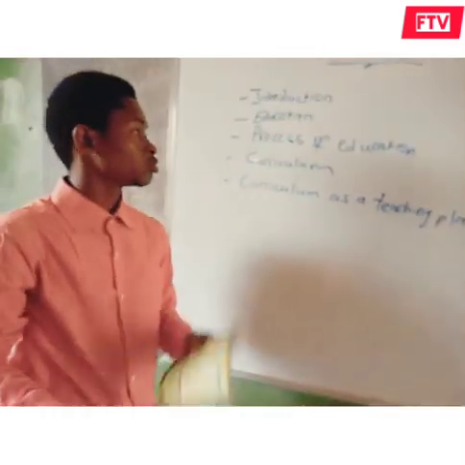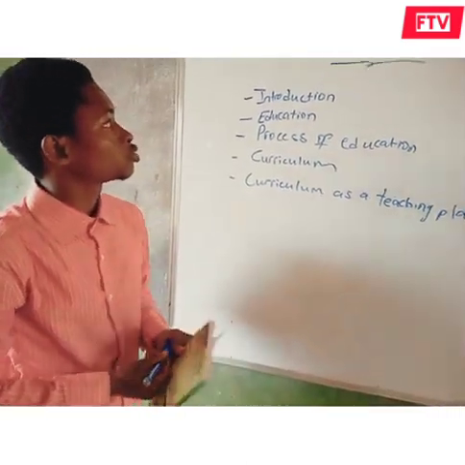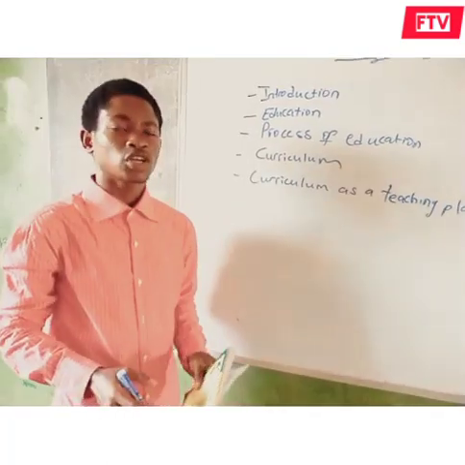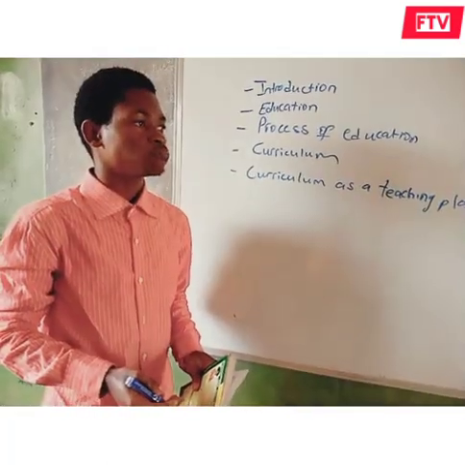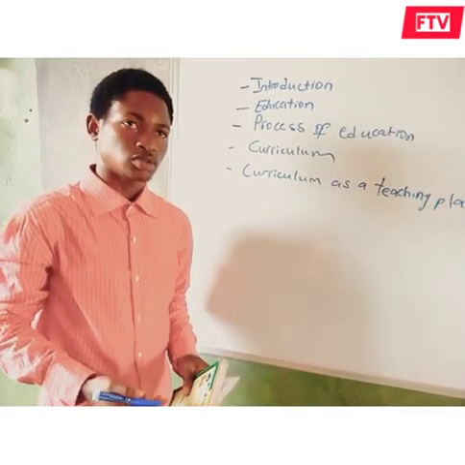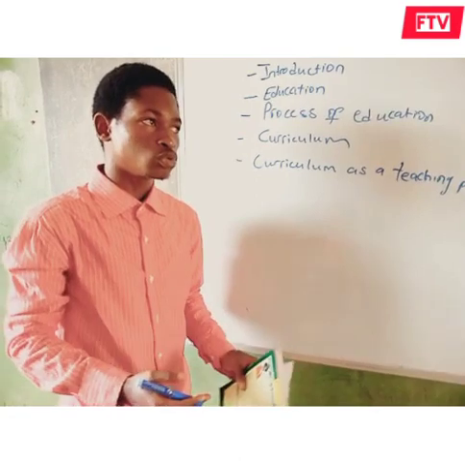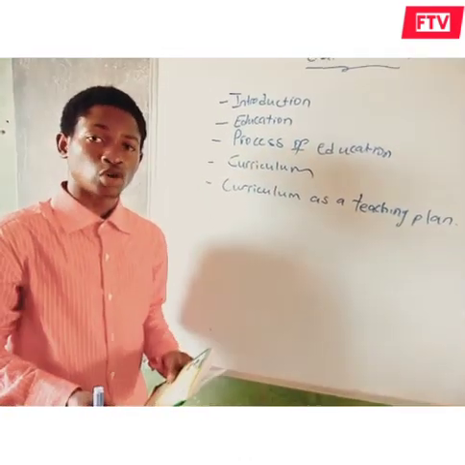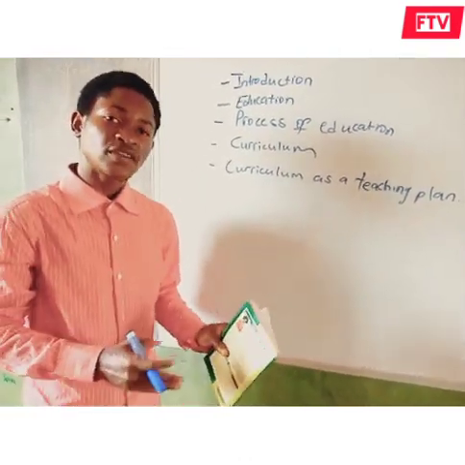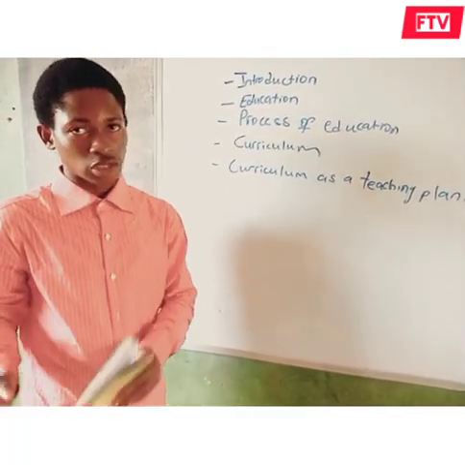Here is the book. We have the book here. Now we need to start with the introduction to what we know as curriculum. Curriculum helps us to know how someone actually gets to accumulate knowledge, right from the infancy stage to an adolescent stage to an adult stage.